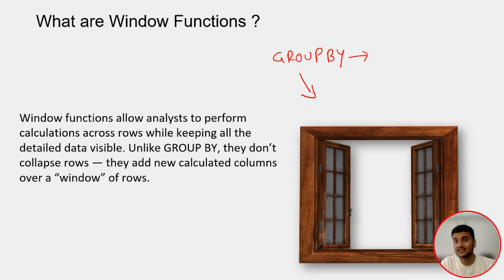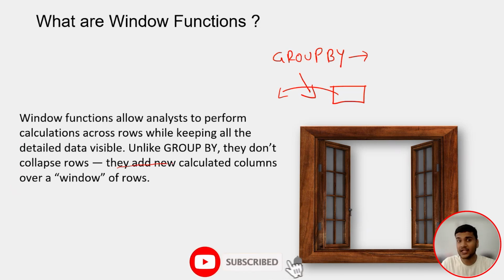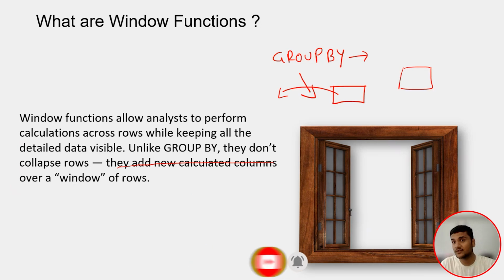But with a window function, I can apply any other function, like aggregation or sum functions, to a particular window, and my original data remains intact. It adds a new calculated column over a window of rows. So this is what a window function is by definition.